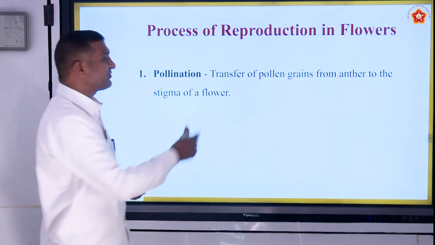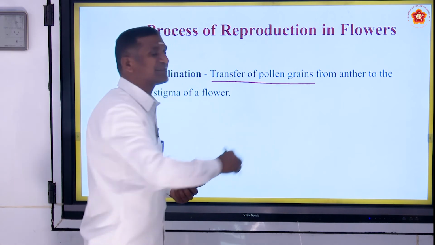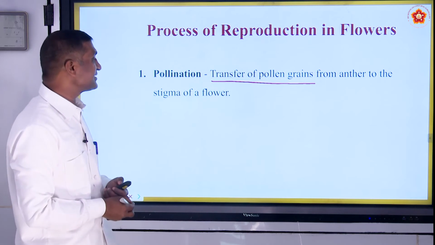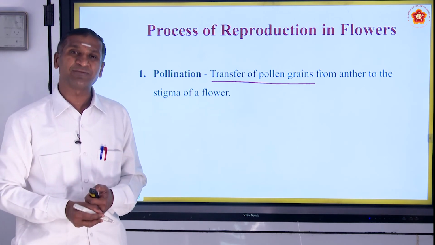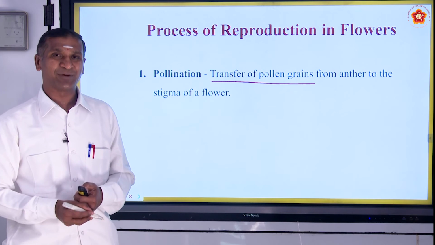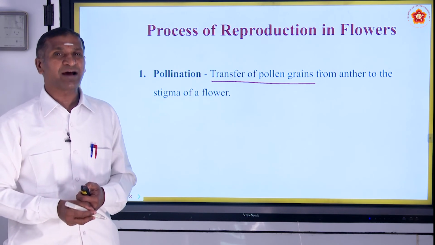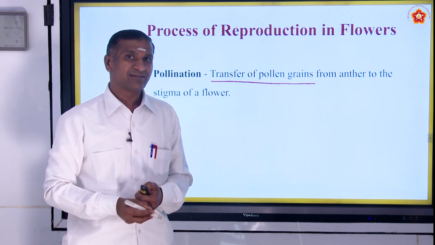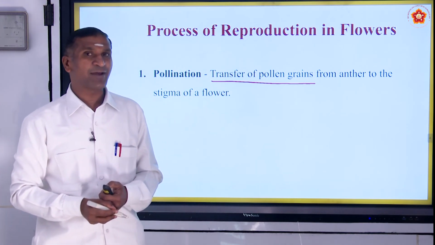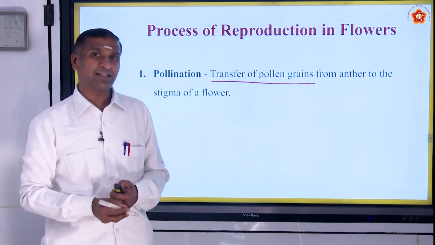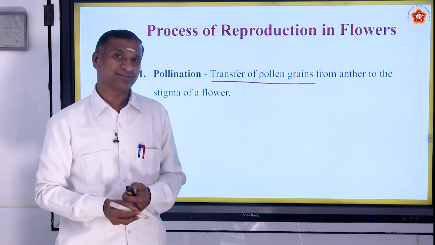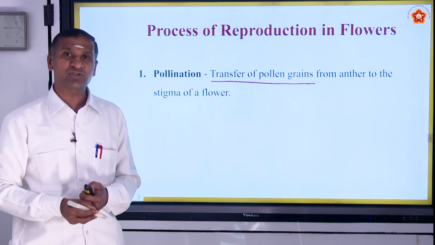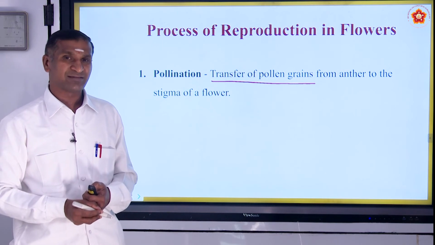Pollination: the transfer of pollen grains from where? From the anther to where? To the stigma of a flower is called pollination. It is the transfer of pollen grains, which are nothing but the male sex cells, from the male part in the flower called the anther, to the stigma, which is sticky in nature and is also the female part in the flower.